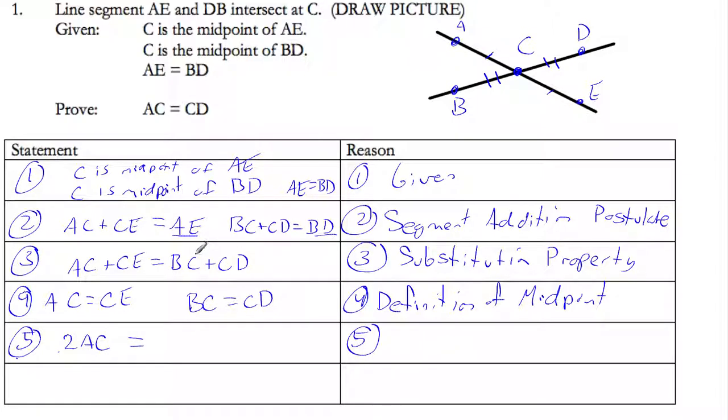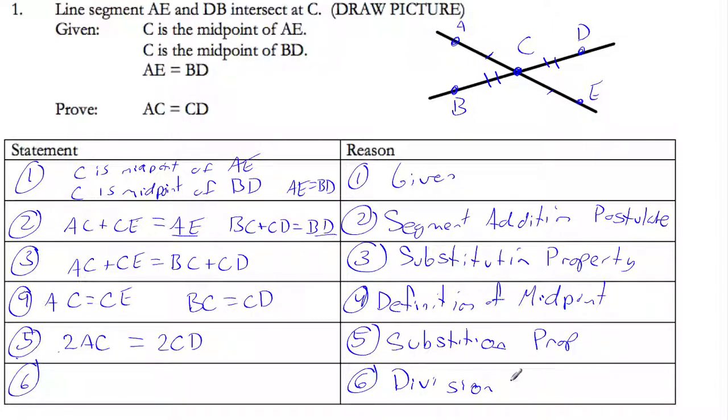And if I replace or substitute BC with CD, I get CD plus CD, which is 2CD. And so that is the substitution property. And finally, for number 6, I can use the division property because I have these values of 2 on both sides. So if I divide both sides by 2, I get AC is equal to CD.